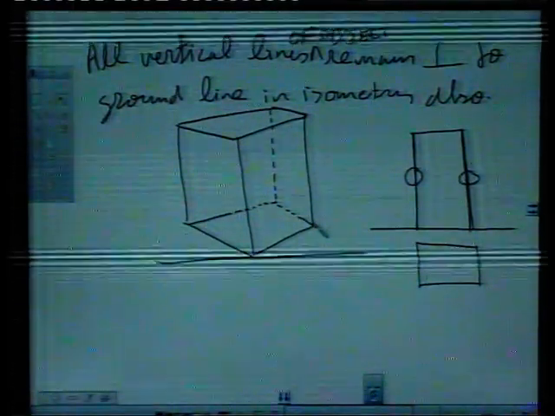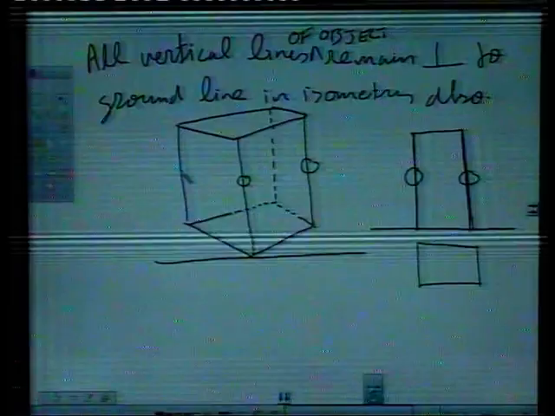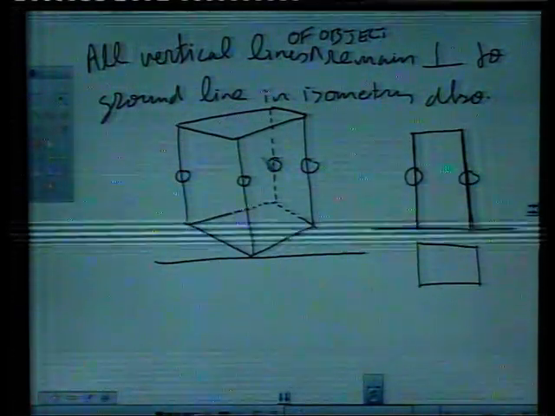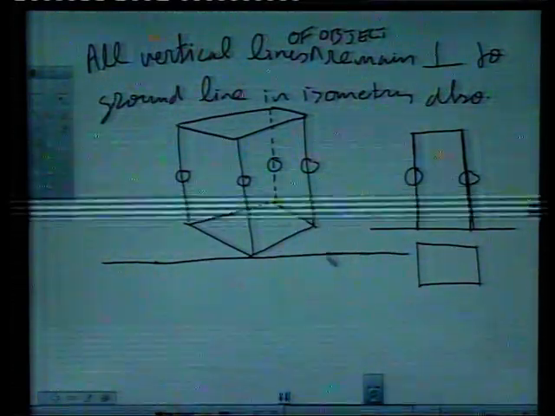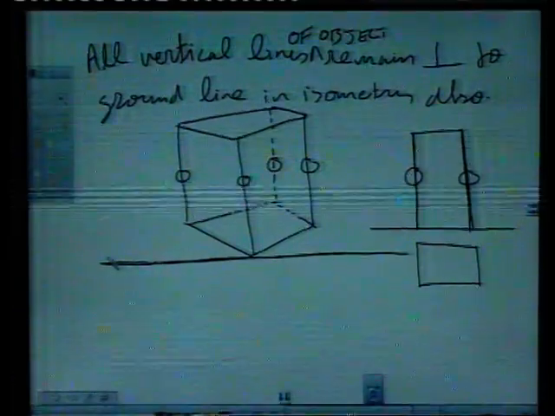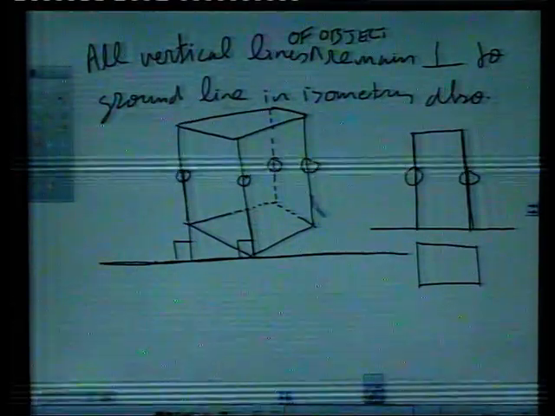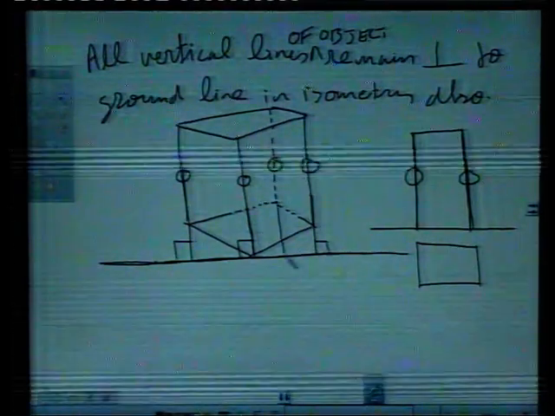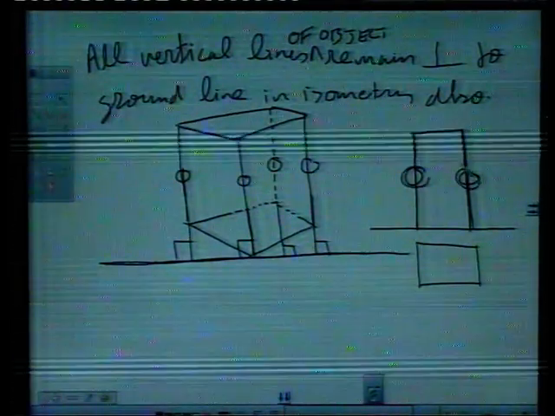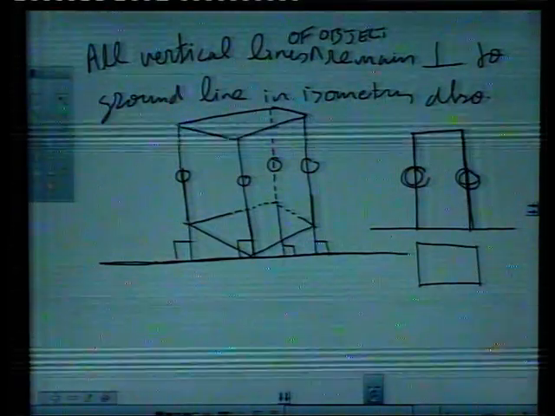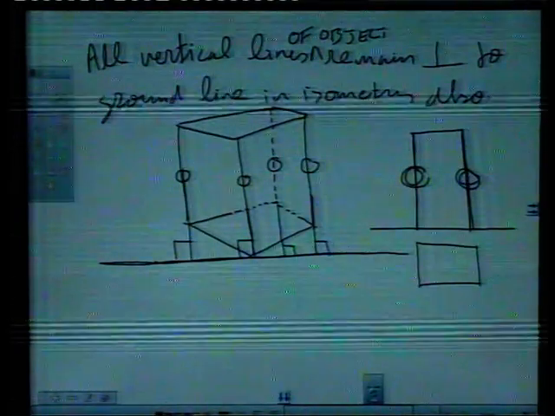So, these 4 are vertical edges, number 1, number 2, number 3 and number 4. All these lines are perpendicular to this line, like this. This is at 90 degree, this is at 90 degree, this is at 90 degree, even this is at 90 degree. That means all vertical lines of the object remain vertical in isometric drawings also. I hope this is clear to you.